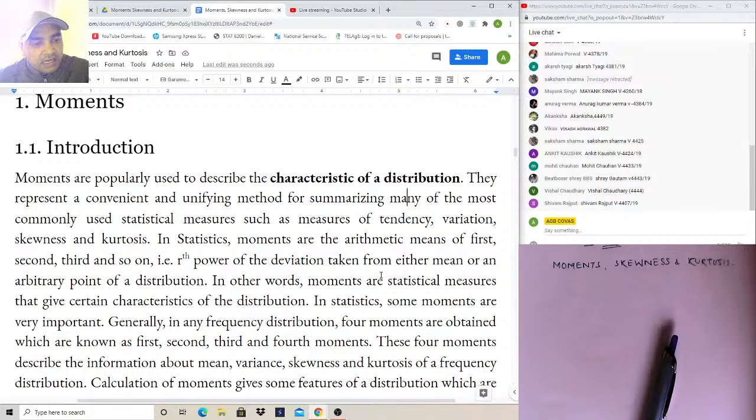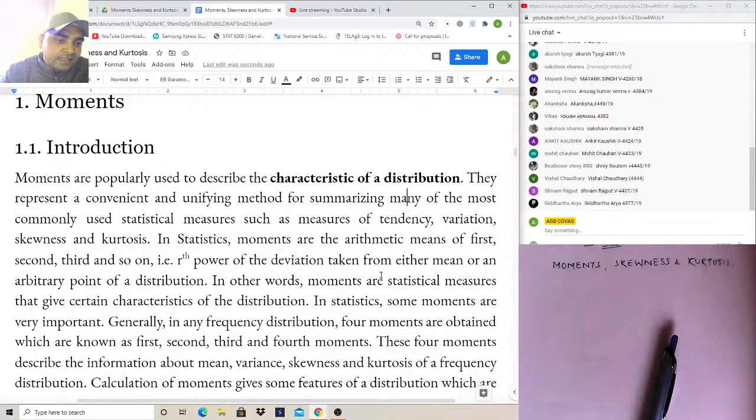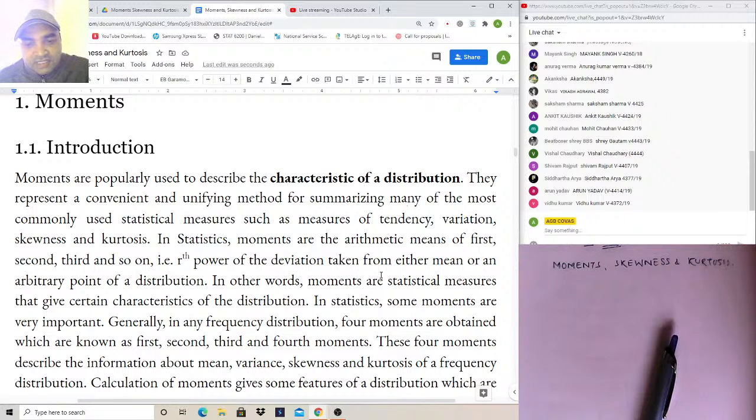It represents a convenient and unifying method, that is, one method for many things, and a very convenient method for summarizing many of the most commonly used statistical measures, like measures of tendency.